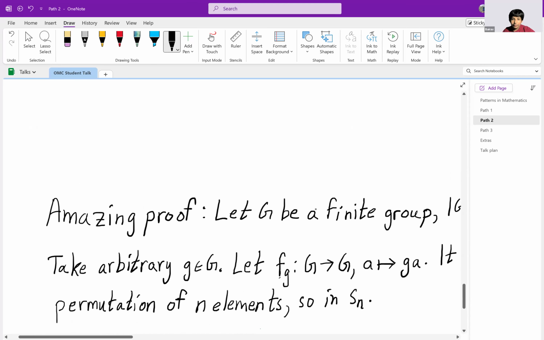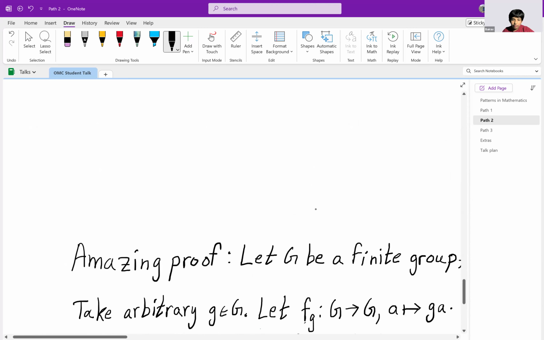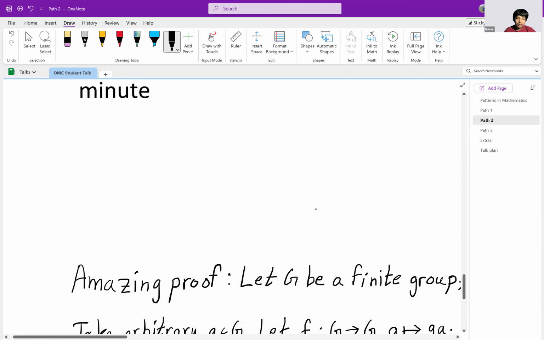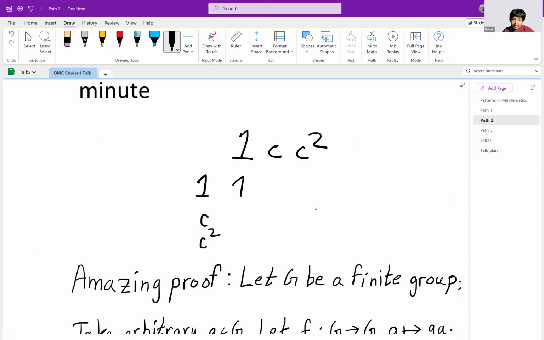See, if we take a group where we have three elements, 1, c and c squared, where the multiplication is like this. So here it's pretty much the same as addition modulo 3.